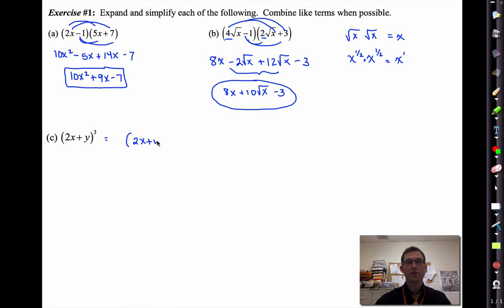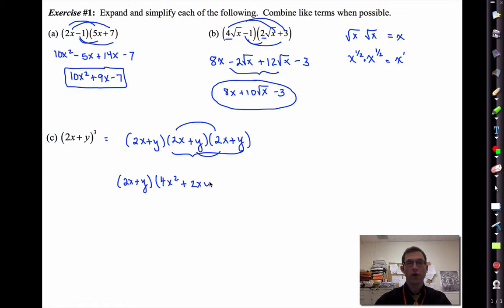We've got 2x plus y times 2x plus y times 2x plus y. I have to decide on which two I'm going to multiply first. I think I'll just multiply those two first, and I'll keep bringing this 2x plus y along with me. I'll get 2x times 2x, which is 4x squared. Here I'll get a 2xy.